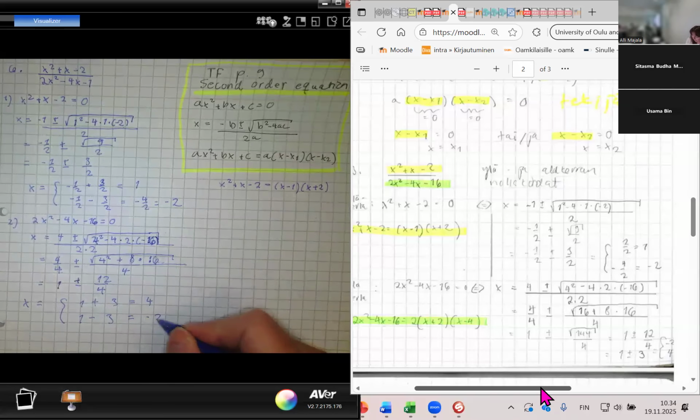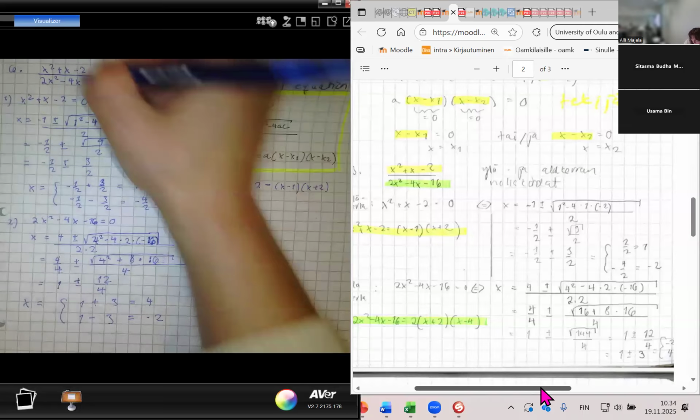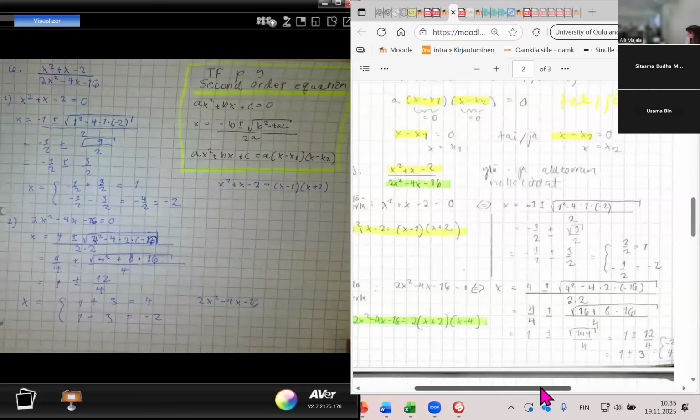This is what I want anyway. So then I can rewrite here this expression minus 16. So this was minus 16 now.